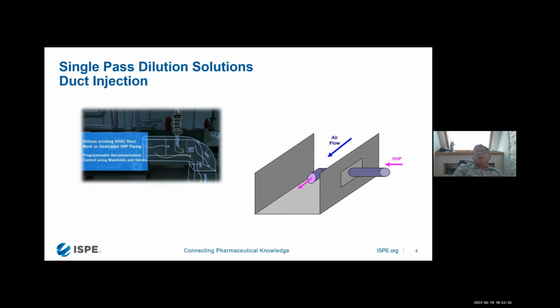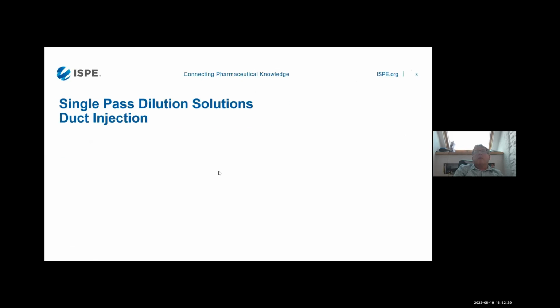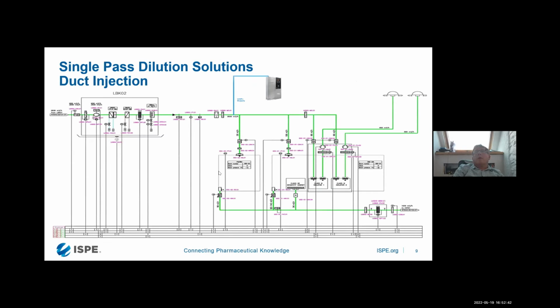To give some technical details, with both technologies, recirc or single pass, the gas is injected directly inside the ducting, and this is mixed with the air. So in terms of installation, it's even less than a recirculation project. We only need to introduce the gas inside the HVAC system.